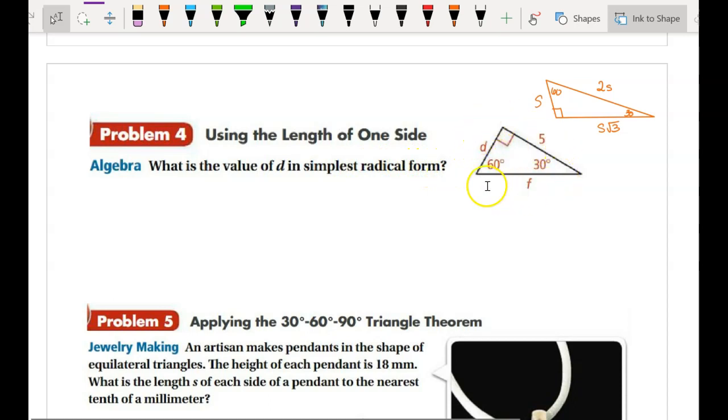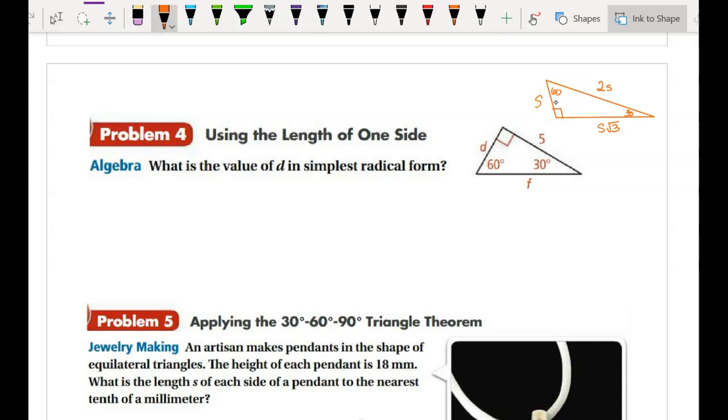They give us this triangle, and I drew this one over here because it has our theorem information on it. The hypotenuse is equal to 2 times the short side. The long leg is equal to the short side times the square root of 3. So that can come in handy. I just have it there if you need it as a reference.